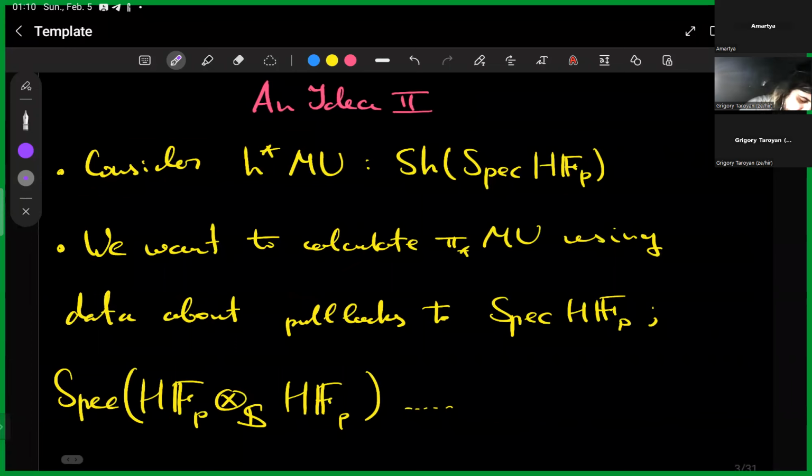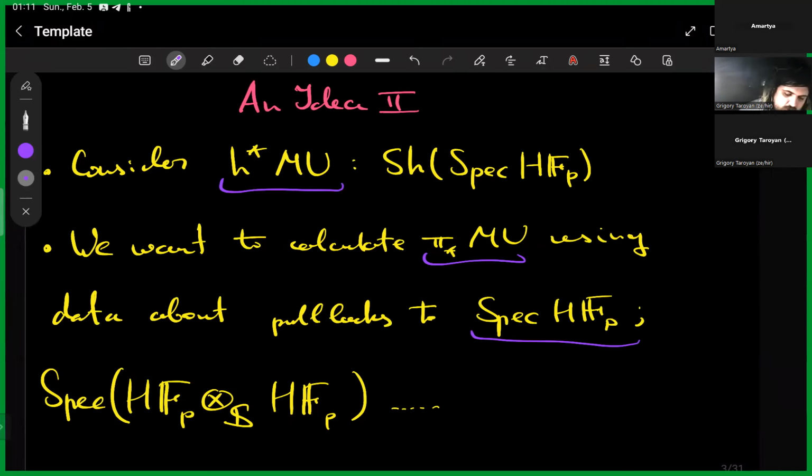So we pull back the sheaf on the spectrum of the sphere, and then we want to calculate homotopy groups of this sheaf MU using information about pullbacks of this sheaf to spectra of the Eilenberg-MacLane thing and its iterated pullbacks, its iterated fiber products. So this is somehow very similar to Čech cohomology methods.